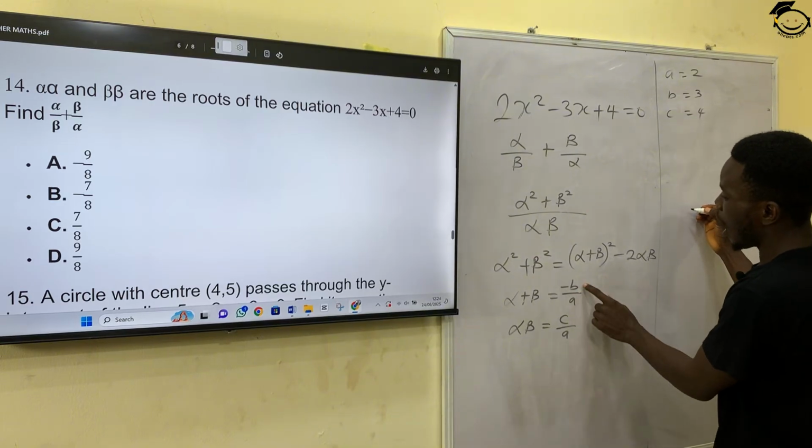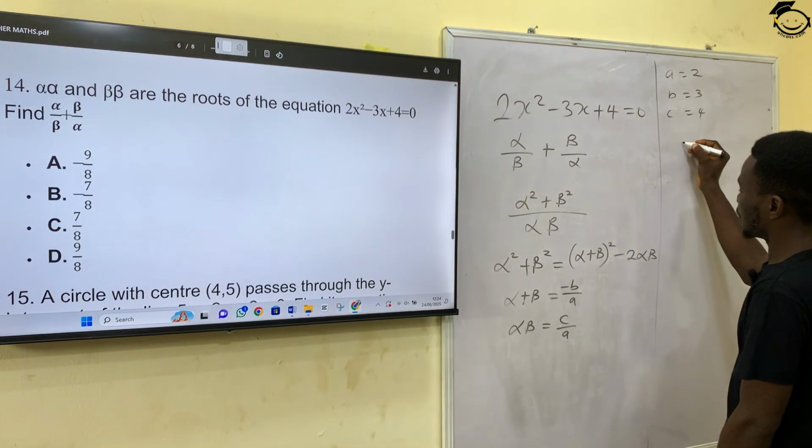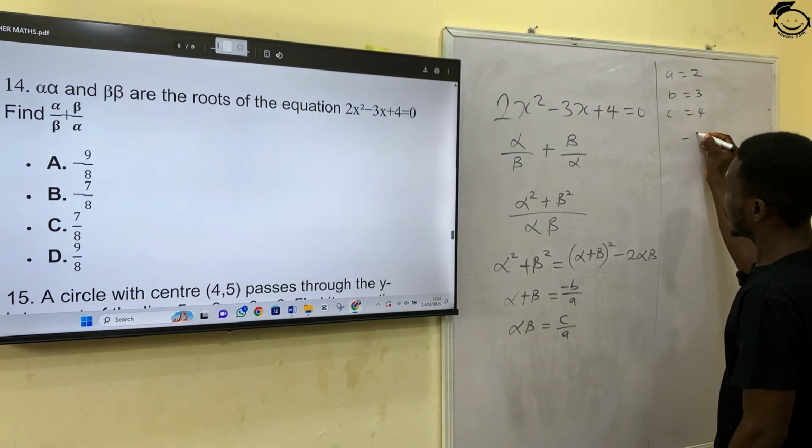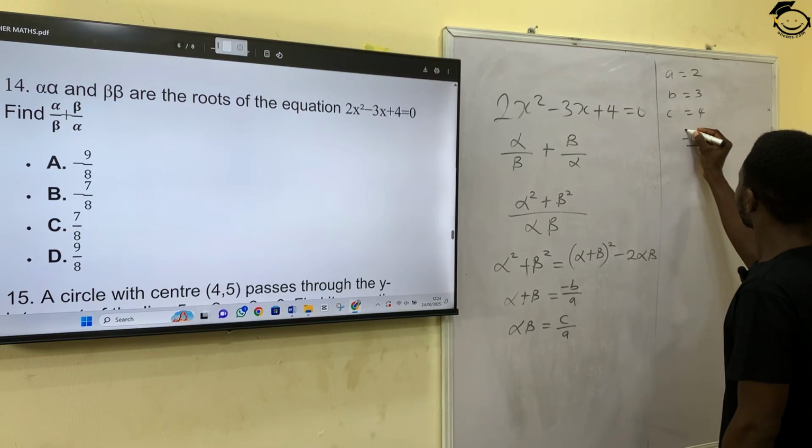So my alpha plus beta here will give me minus, open bracket, minus 3 over 2, all squared.